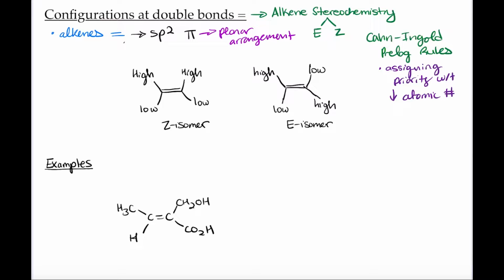And if that doesn't work, you look at the other substituents the atom may have, and you compare them until you find a difference. So you look at the second, third, fourth atom until a difference is found.